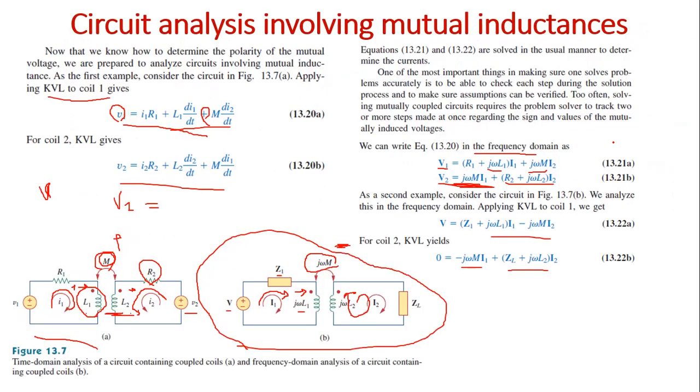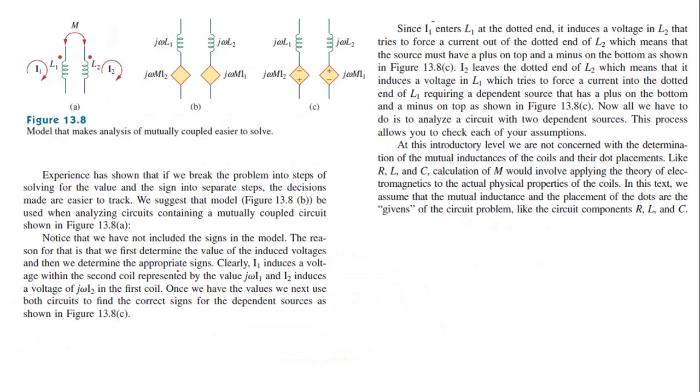Now it is actually difficult to write the polarity of this mutual voltage directly by looking at dot conventions. So what we will be doing is, we will make an equivalent circuit for that first, then we will move on to write the equations.